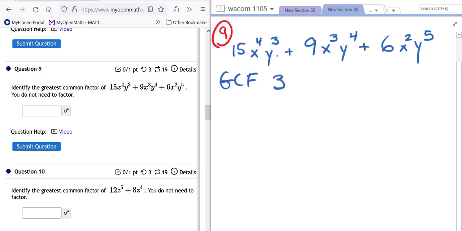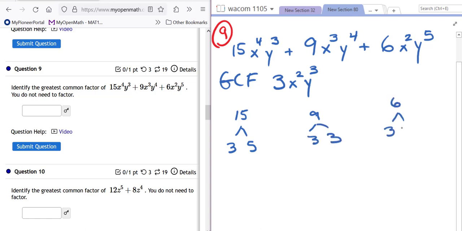For the variables, I have x and everything go with the lowest exponent. For y's, I have y and everything go with the lowest exponent. Right, and if you were stuck, so just to verify, 15 is 3 times 5, 9 is 3 times 3, and 6 is 3 times 2.